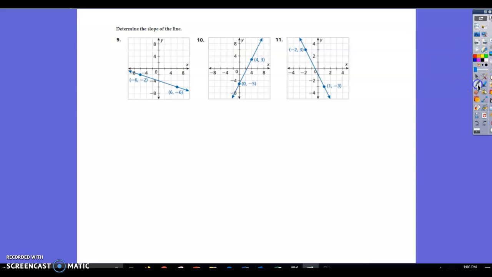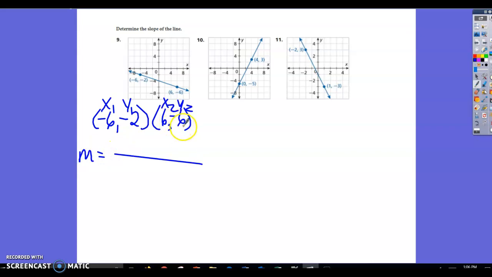Alright, so this says determine the slope of the line. We are given -6, -2, and 6, -6. So all I'm doing is pulling points right off the graph, and that's going to be my x and y from my first point and my x and y from my second point. So my slope is going to be y2, so -6 minus -2, over x2 minus x1.